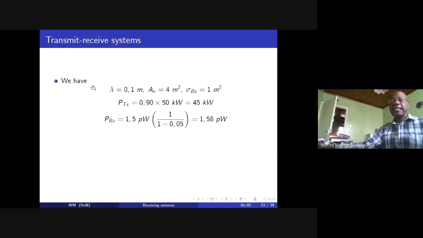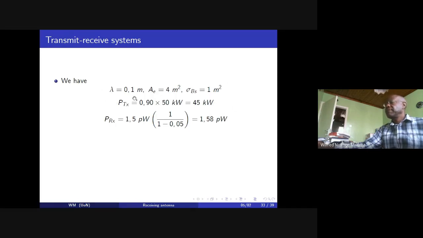So we have that the operating wavelength is 0.1 meters, the effective aperture of the antenna is 4 meters square, and the backscatter cross section is 1 meter square.